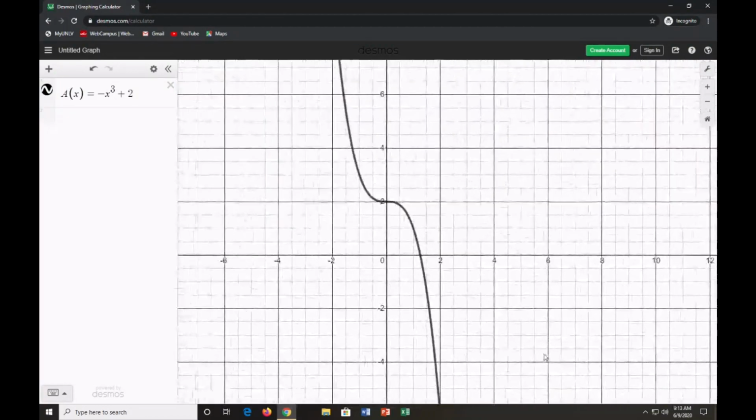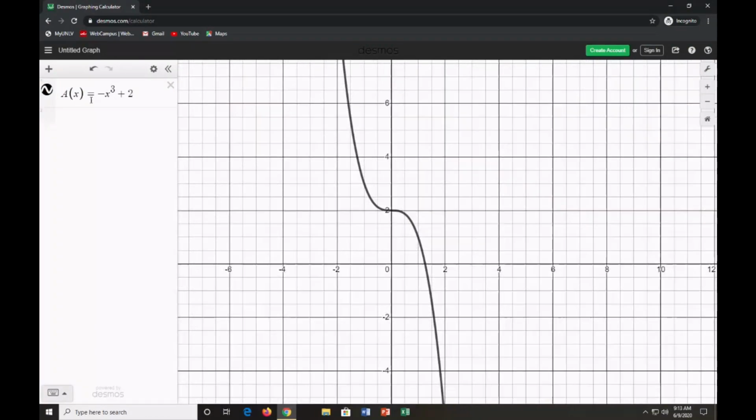Right? So let me bring this down. So there, you have this minus in front of the x cubed term that flips this graph of the cubic function across the y-axis like that. So it's going like that. Instead of an increasing function, it becomes a decreasing function.